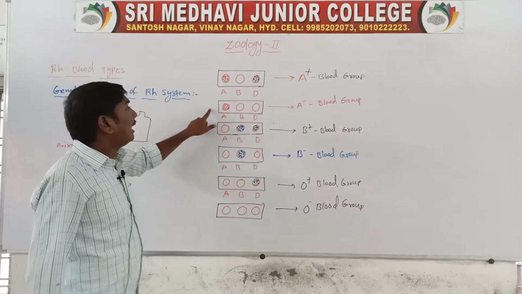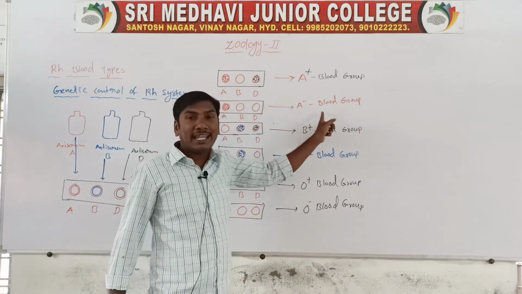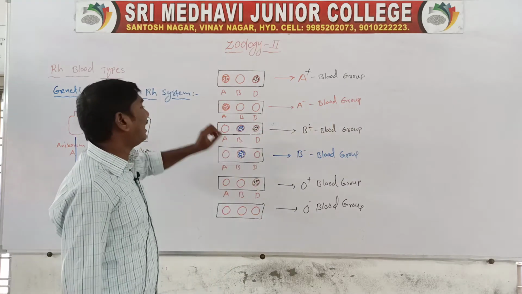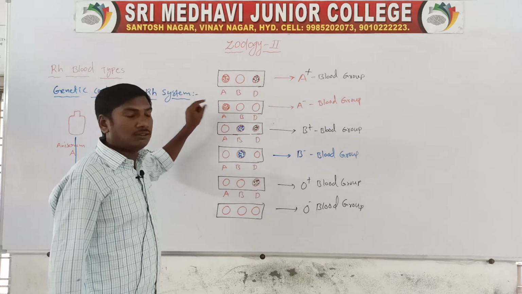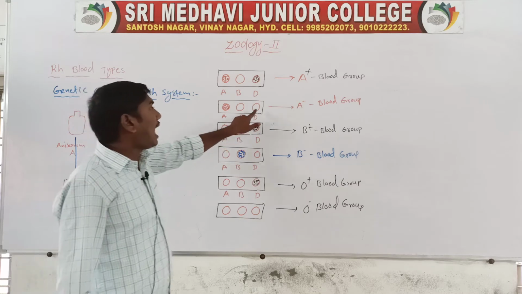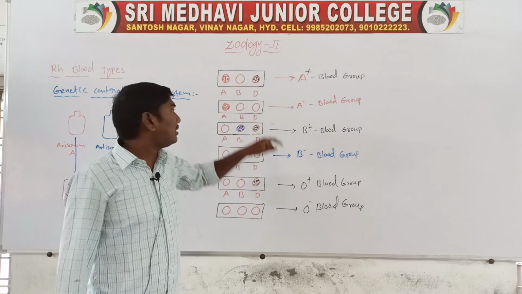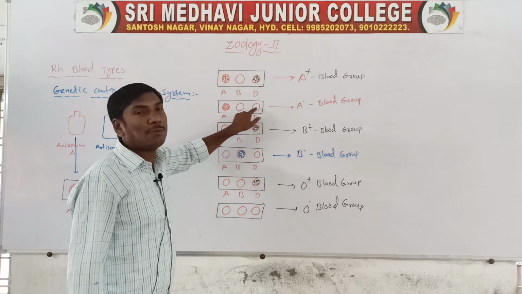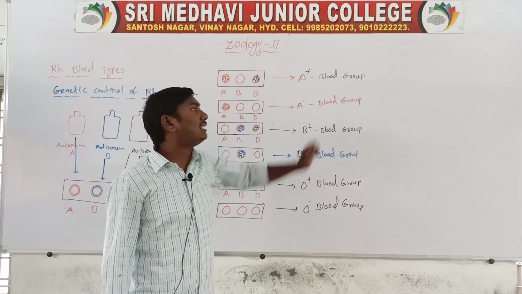Next, the A negative blood group person: only antigen A is present on the RBC, and the RH factor is absent, so there is no clumping formation. So the blood group is called A negative.